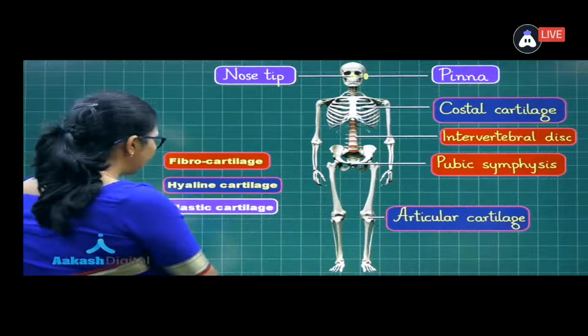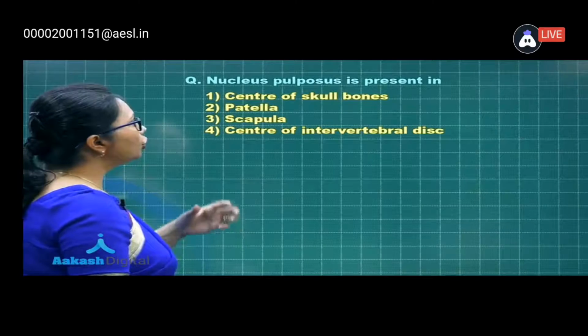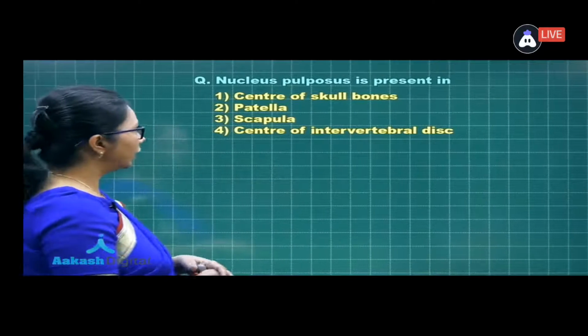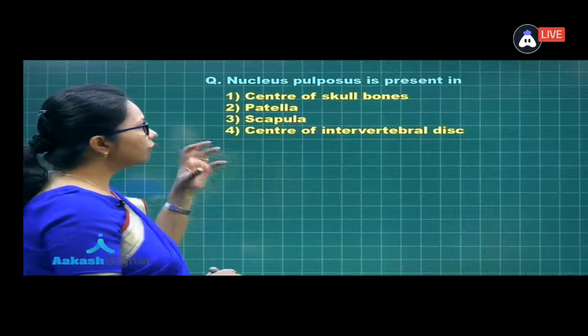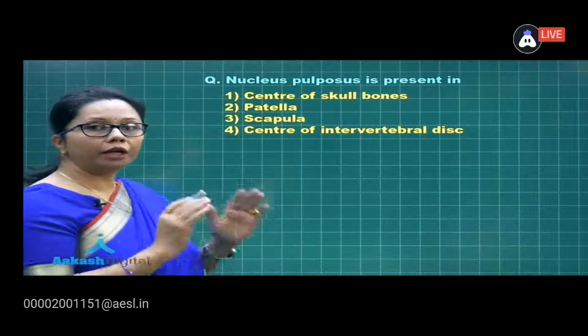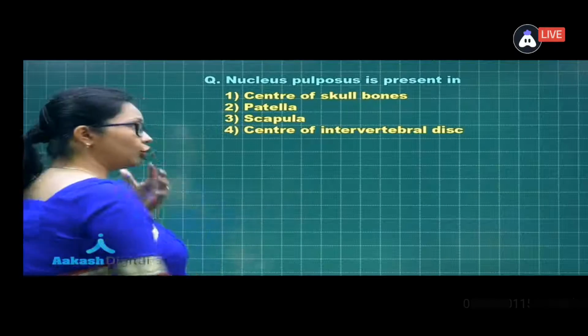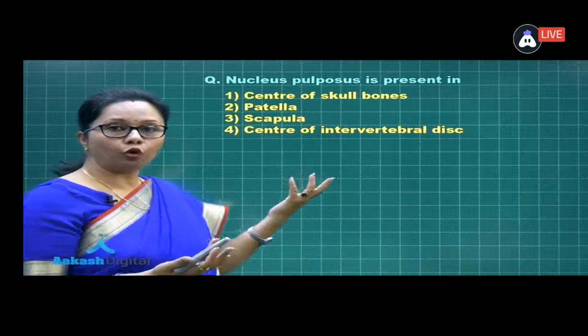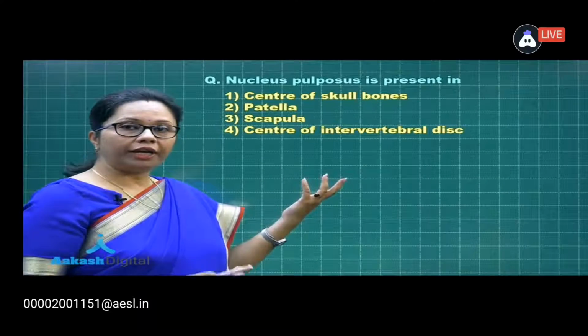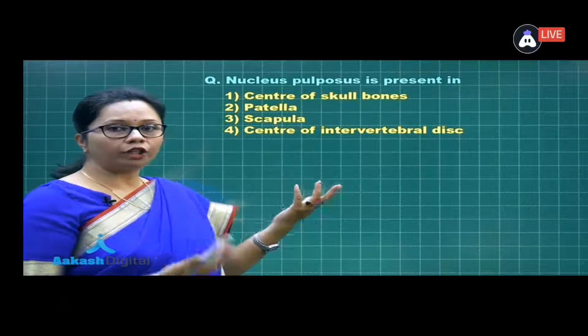Now let us take up a question. Nucleus pulposus is present in. First of all, nucleus pulposus is a remnant of the embryonic notochord. Try to remember, the notochord in vertebrates gets replaced by the vertebral column.